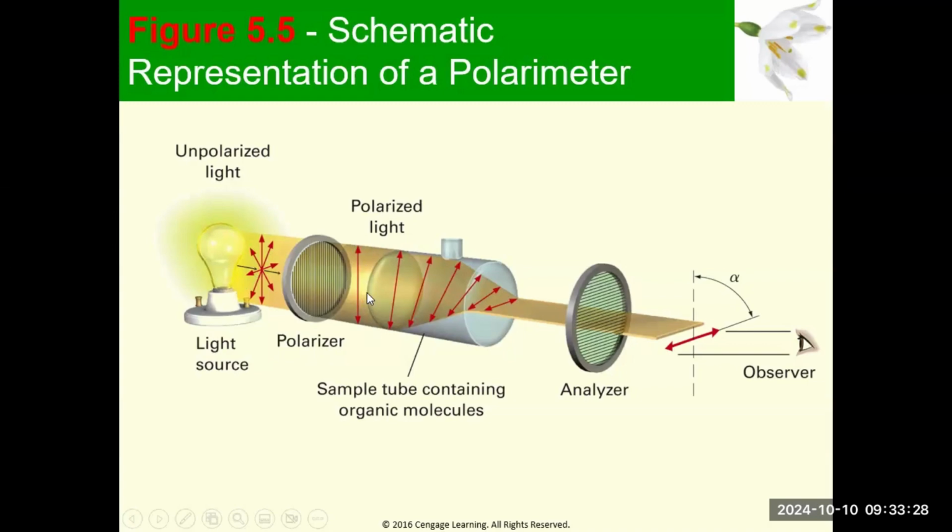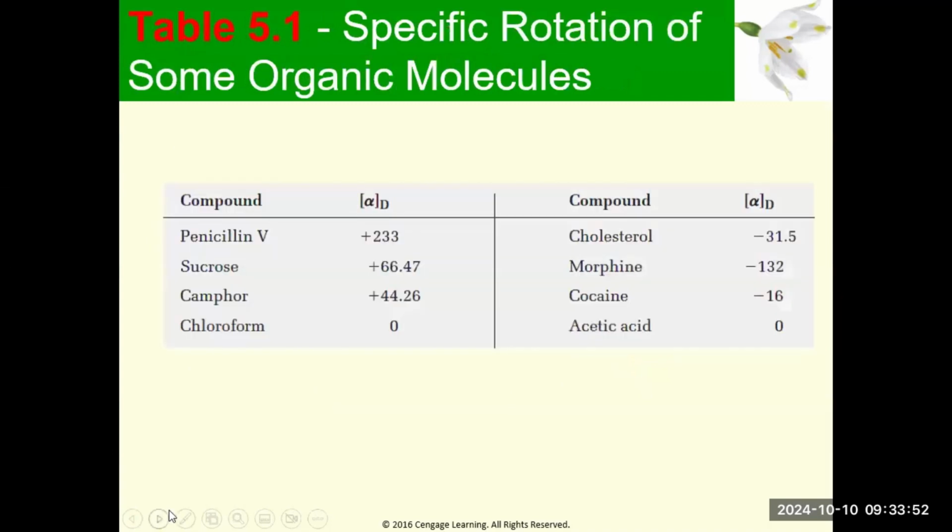Then it goes through a sample container that you see here, and if the sample rotates counterclockwise or clockwise, the light is going to move and bend. Now, as it bends and goes through, ultimately it goes through an analyzer. And there, the observer or the instrument is able to record that information.